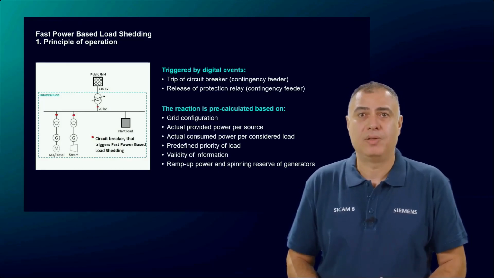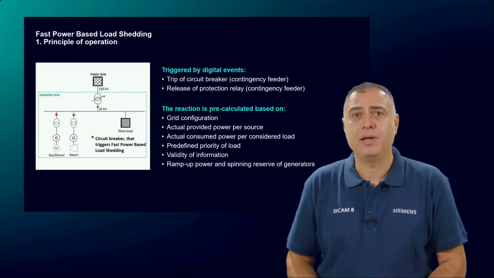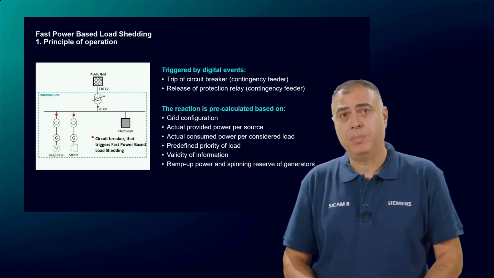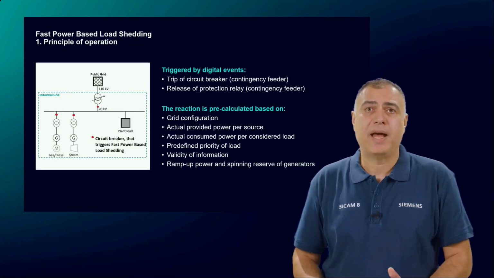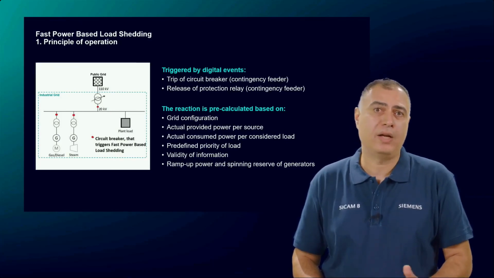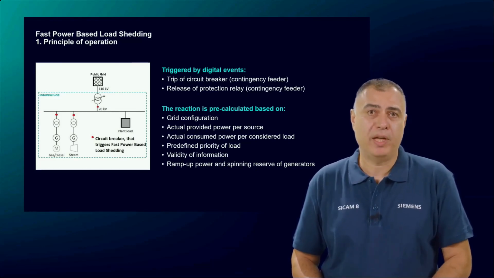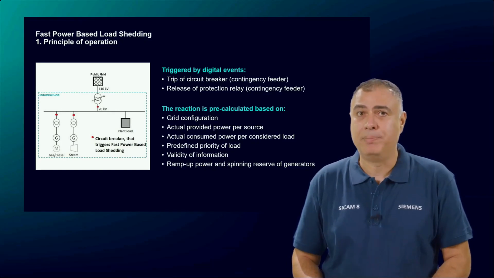As mentioned on this slide, the load shedding controller considers for its pre-calculation several constraints, such as the connection between consumers and active power sources, the actual consumption of the individual loads and the actual provided power of the power sources. This information can come from protection relays or power meters.